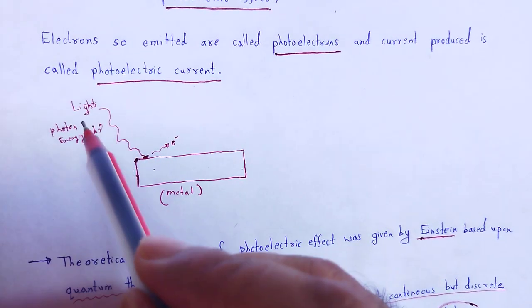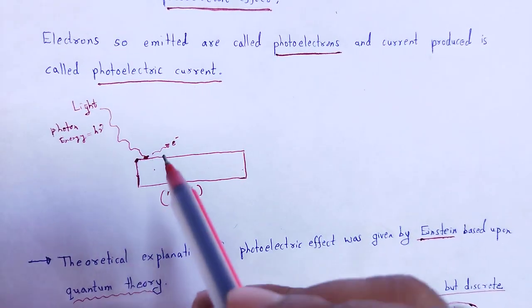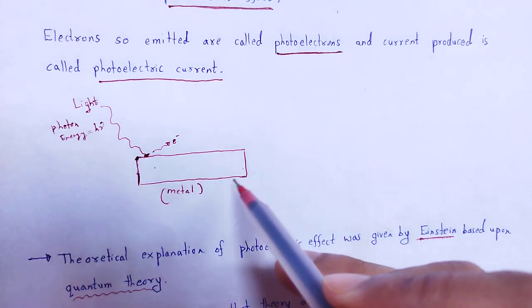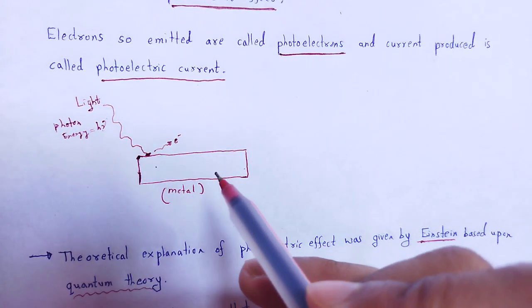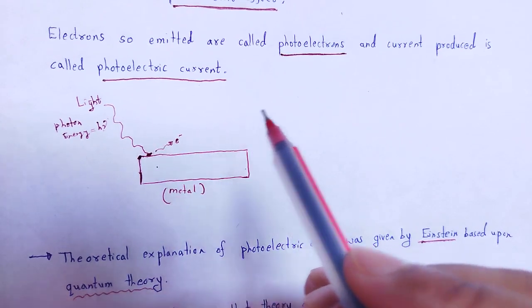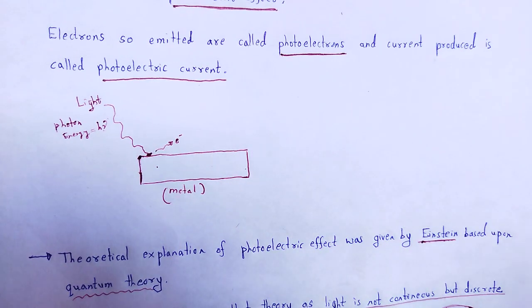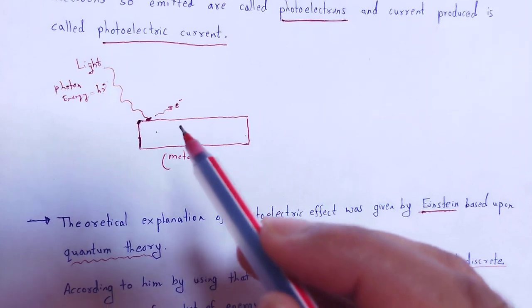The light having photons of energy h nu is incident on the metal surface, and that frequency is greater than the threshold frequency nu naught. So the photoelectric phenomenon occurs.